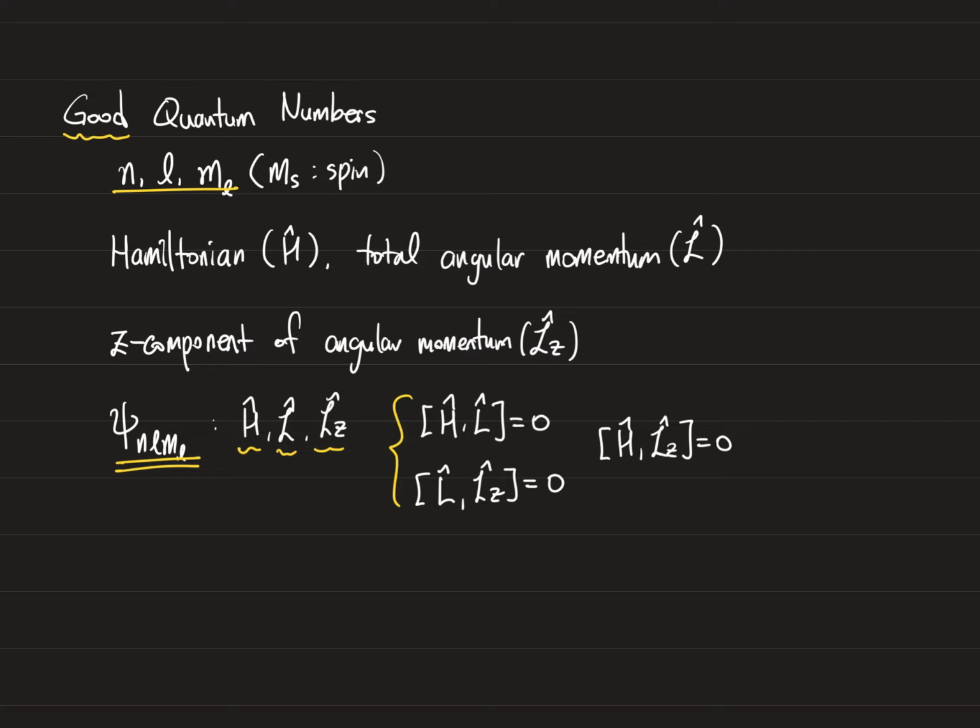So n is for the Hamiltonian, which determines the energies, and l is for the total angular momentum, and m sub l is the z component of angular momentum.